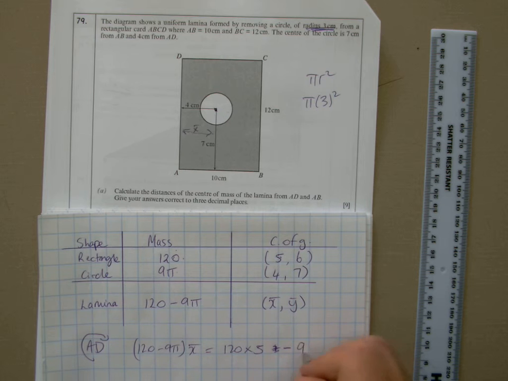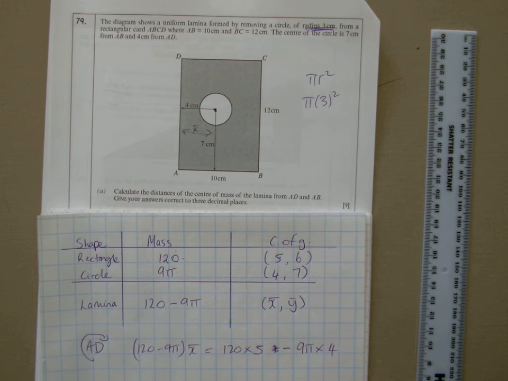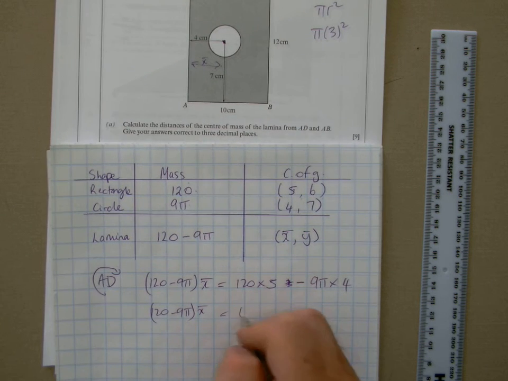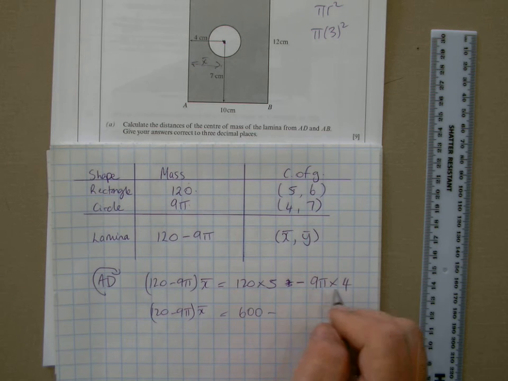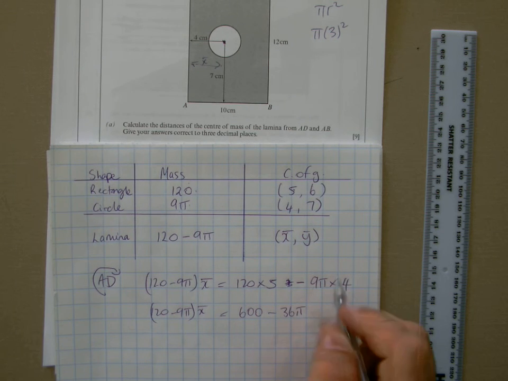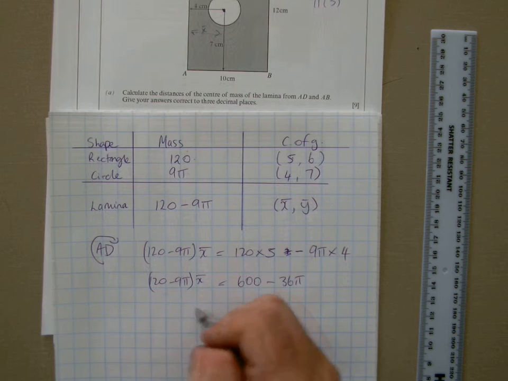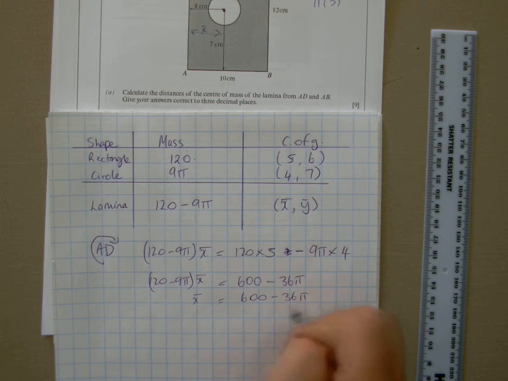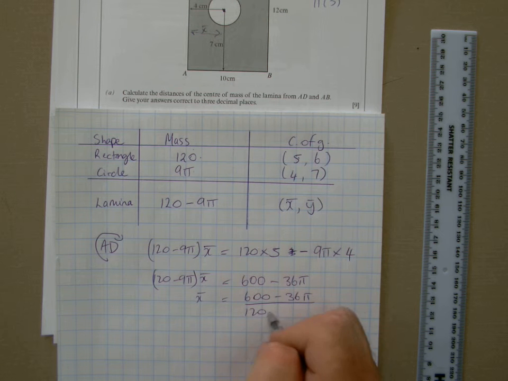Taking away the circle, so the area is 9 pi, times the distance from the AD, which is 4. So I get 120 minus 9 pi, x bar, equals 600 take away, and 9 pi times 4 is 36 pi. So you can see I haven't worked out pi yet. What I can do now is do all this in one go on my calculator: 600 minus 36 pi all over 120 minus 9 pi.